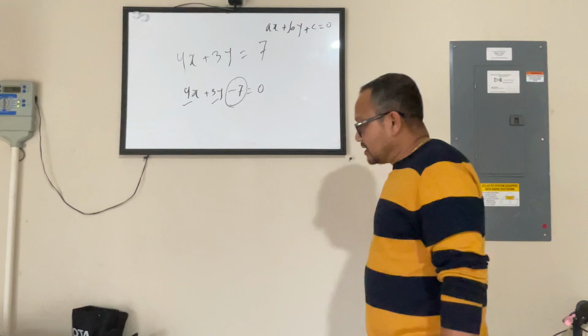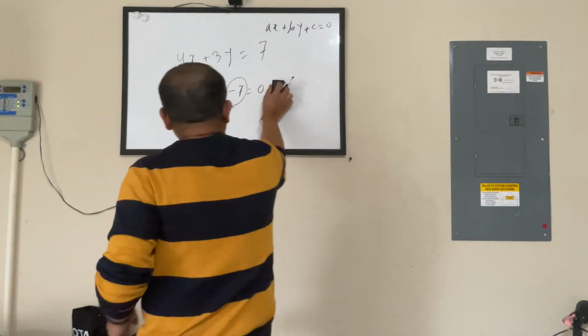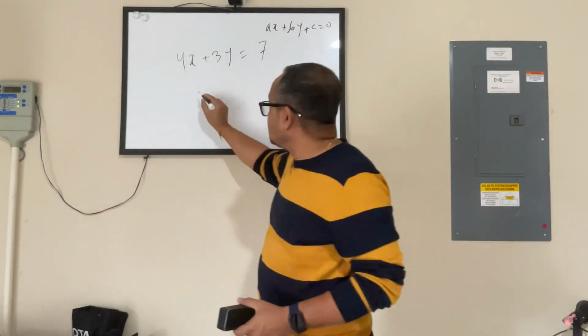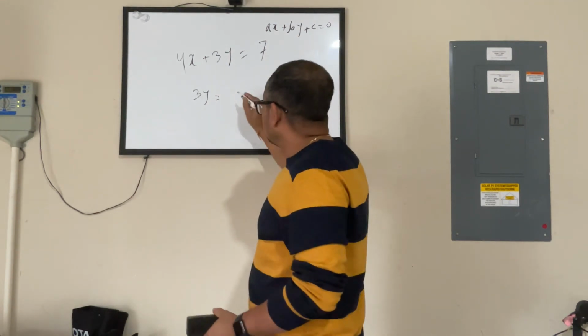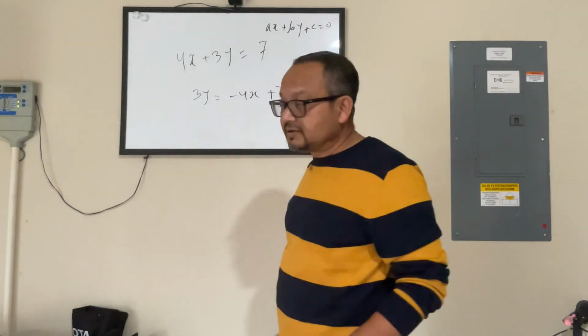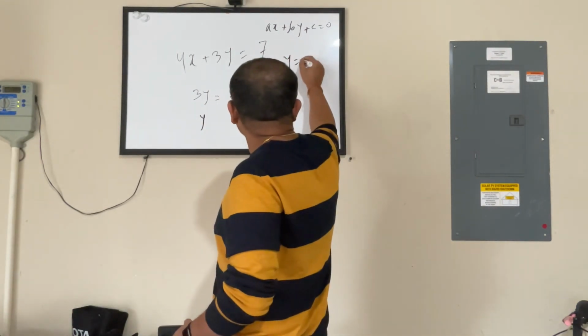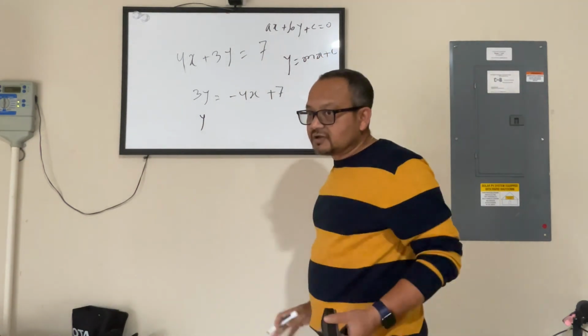Now if the same equation you have to convert into y-intercept form, slope-intercept form, you keep y on one side and move everything to the other side. So this becomes minus 4x plus 7. And then your slope-intercept form goes like y equal to mx plus b, or c, whatever you call it.